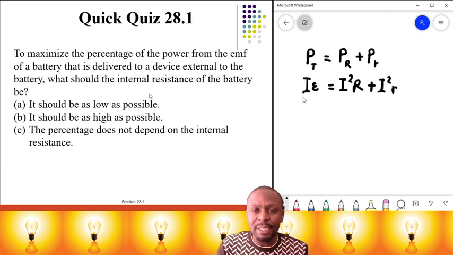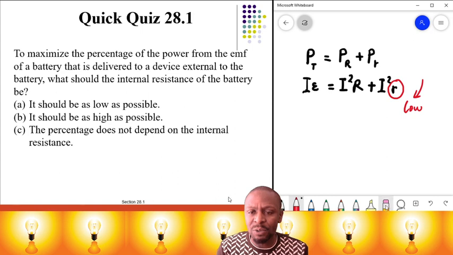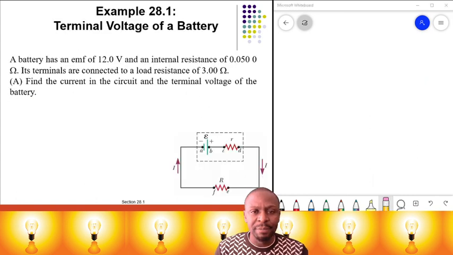Now if we want to deliver more power to the load resistor, what should the internal resistance be? This small r must be as low as possible in order for the power delivered to the load resistor to be higher. So the answer for that quick quiz must therefore be number A.